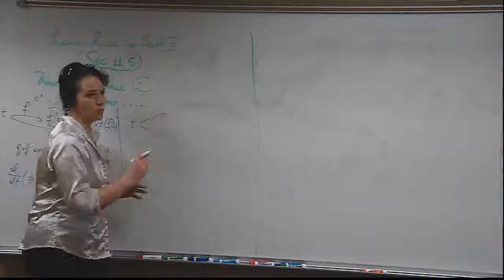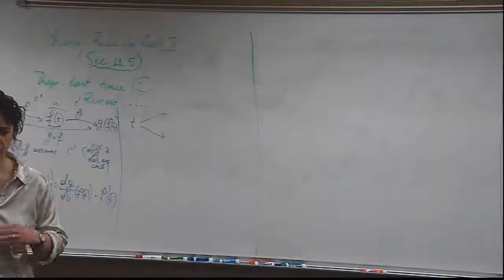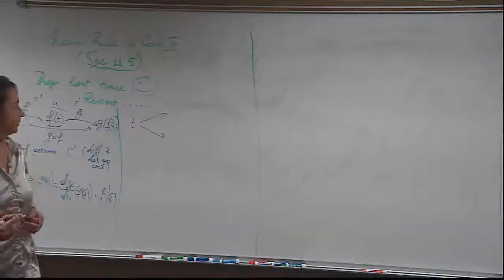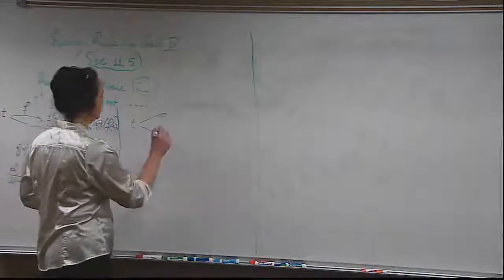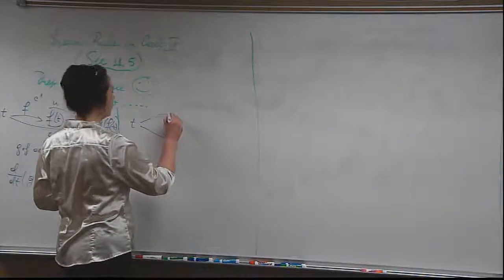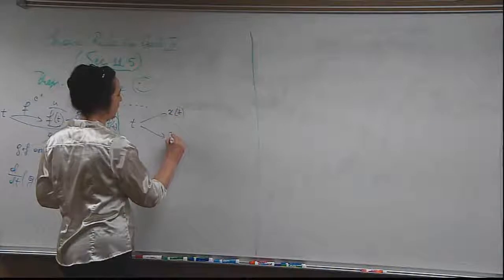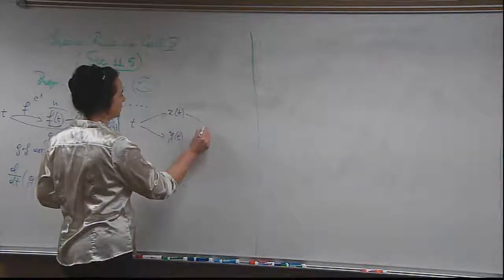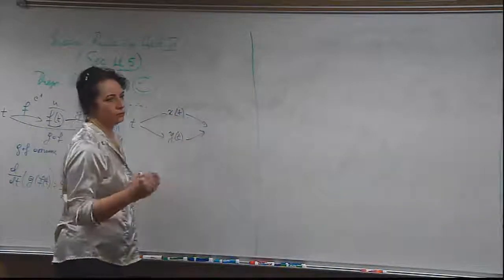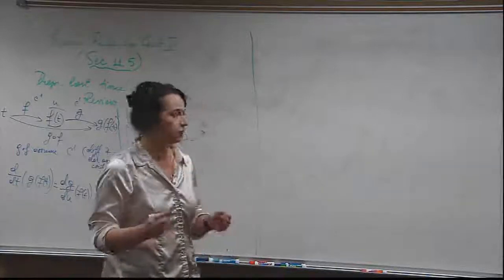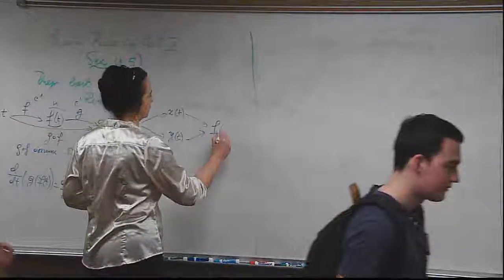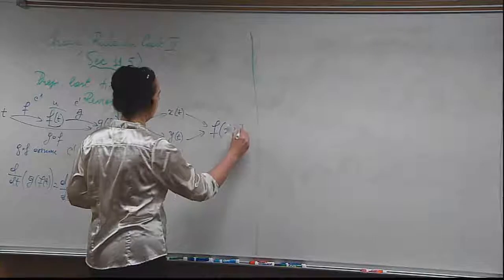Assuming everything composes well and has differentiability and the derivatives are continuous, just to make your life easier, we have x of t, y of t, two nice functions, and a function of these two variables, f of x and y.